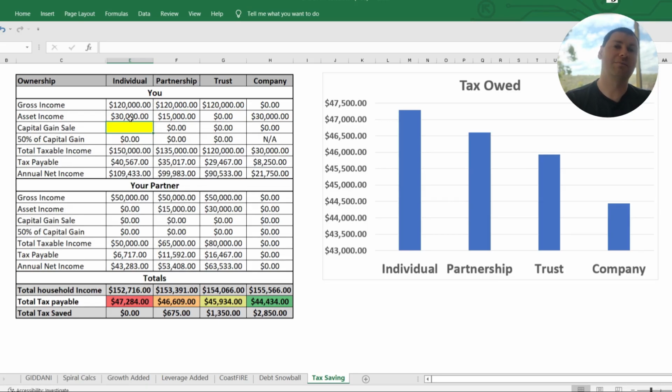And the wonderful thing about this is you can still earn an income throughout the year and sell one of your assets. And so you can actually have that situation. And you might sell your $30,000 income asset and make a $200,000 profit and go, well, what does this look like? And which structure should I use to maximize that effectively? And this will tell you which is the structures that you get the most amount of benefit for.